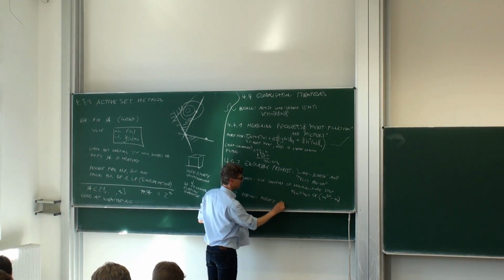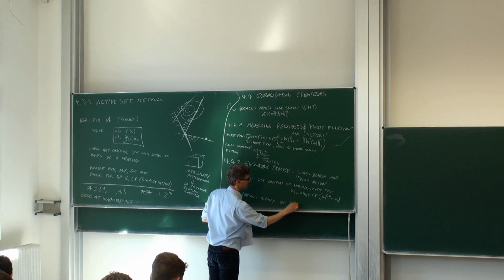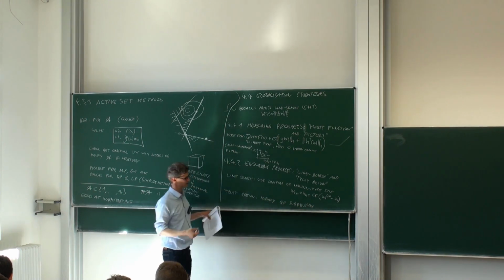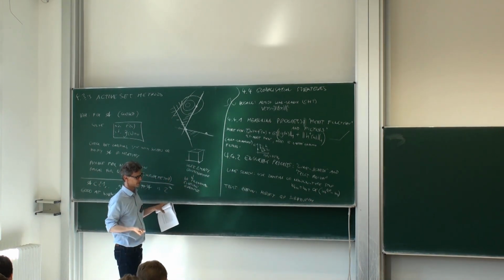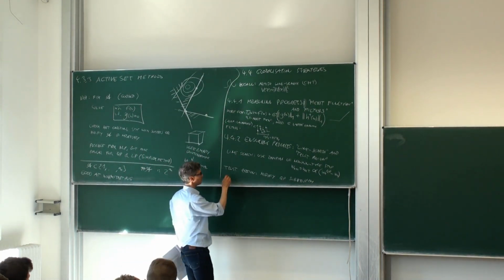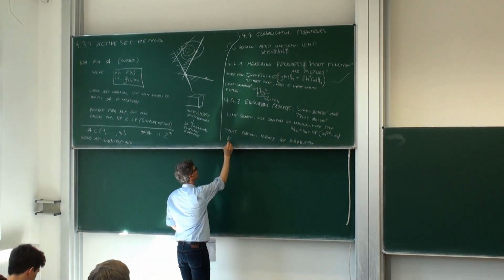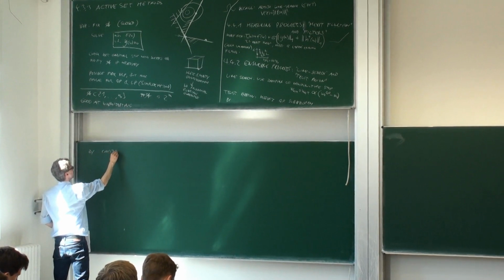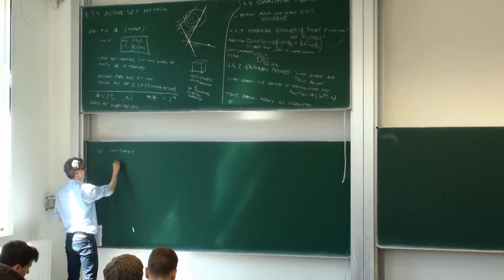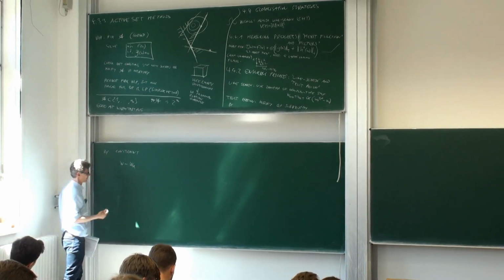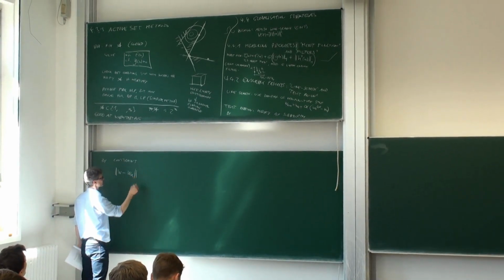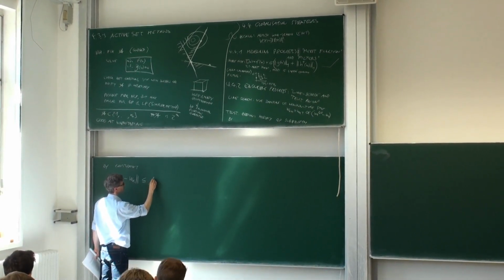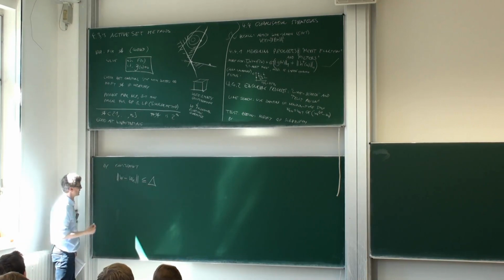It is very much connected to the QP interpretation of Newton's method, by an additional constraint which says that the step w minus w_k, the distance in some norm, should be smaller than some radius, which is sometimes called delta.